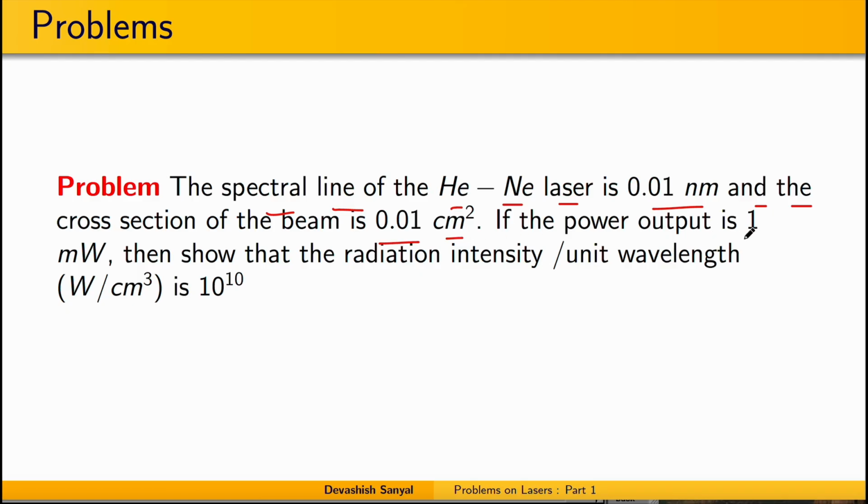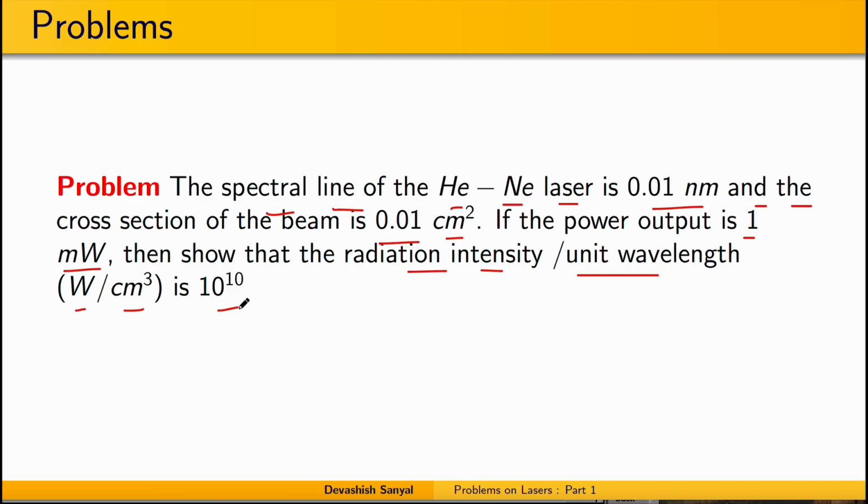If the power output is 1 milliwatt, then show that the radiation intensity per unit wavelength, expressed in watt per centimeter cubed, is 10 to the power 10 watt per centimeter cubed.